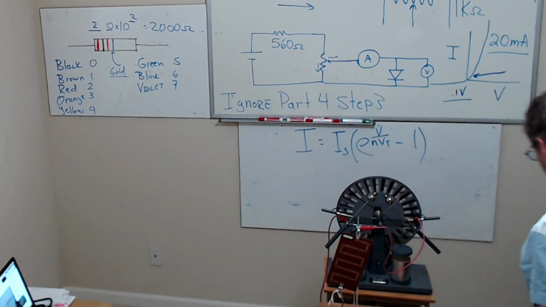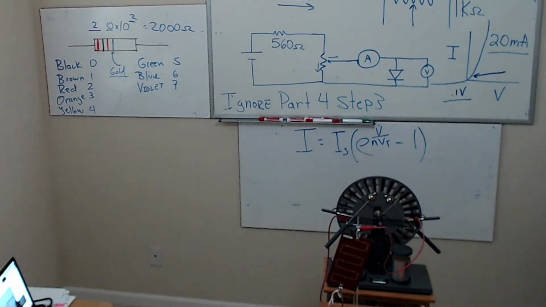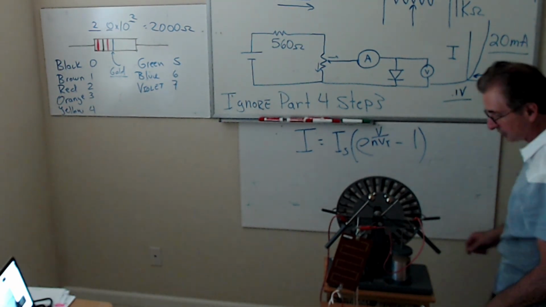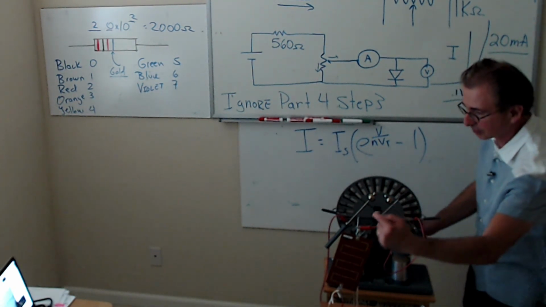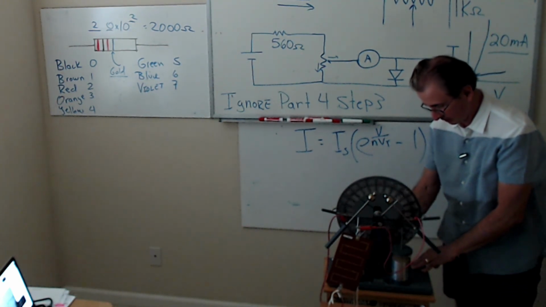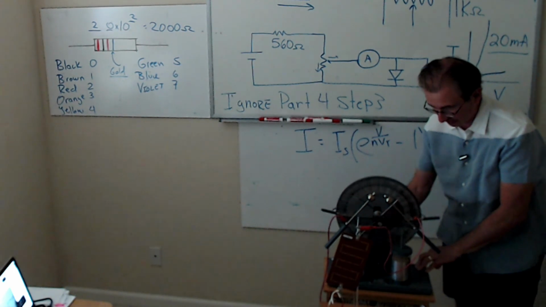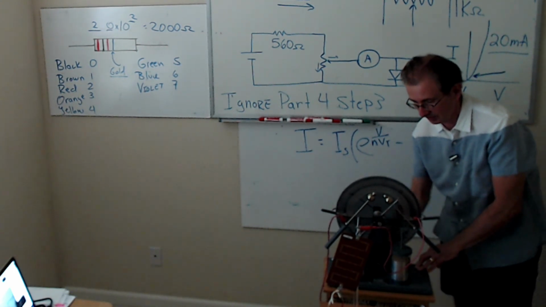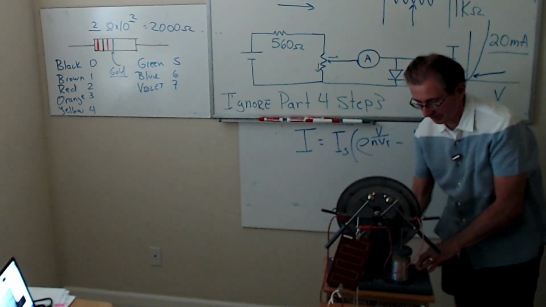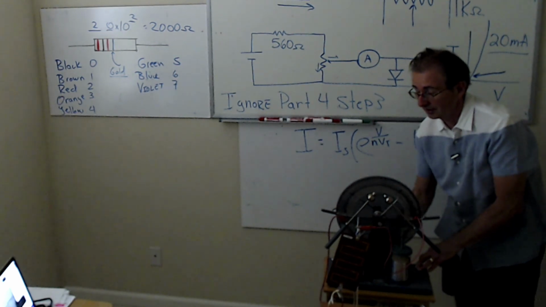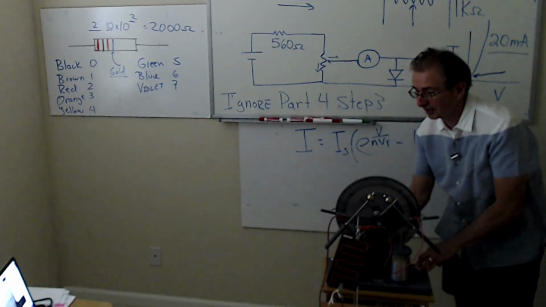So I'm going to turn the lights off a little bit. Let me know if you can see. I'm going to charge the Wimshurst generator, and I'm going to put a big voltage across this board. I think I just killed my screen.